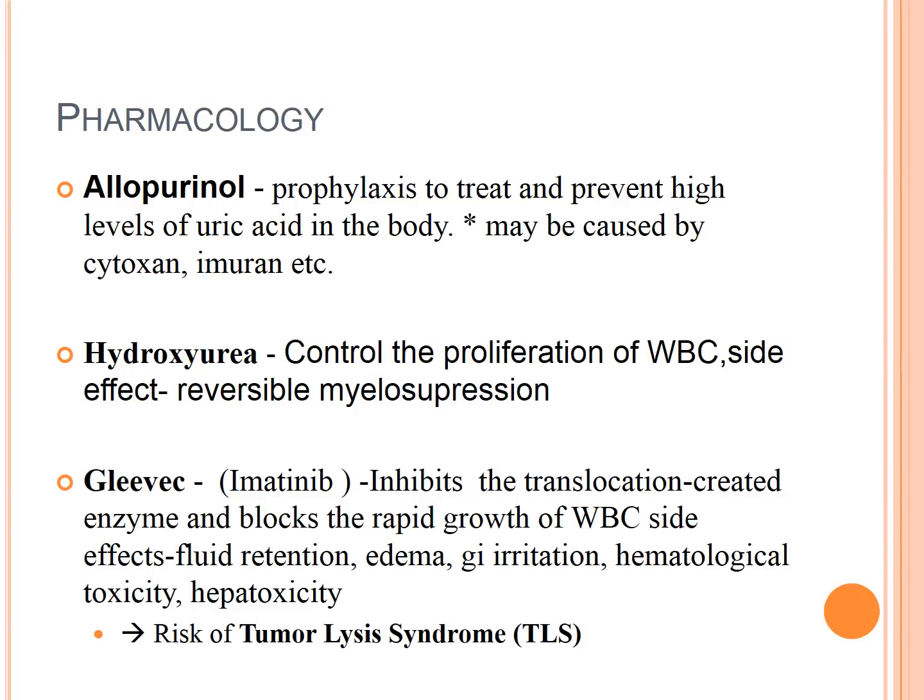So that may put patients at risk for hyperkalemia, also hyperphosphatemia. All right. So with this, they would then be at risk for cardiac dysrhythmias. They may end up with renal failure.